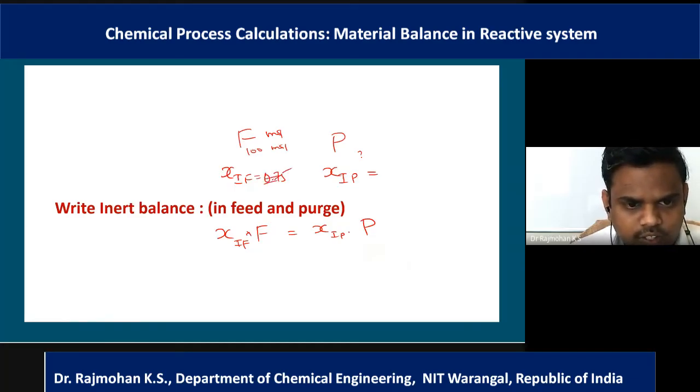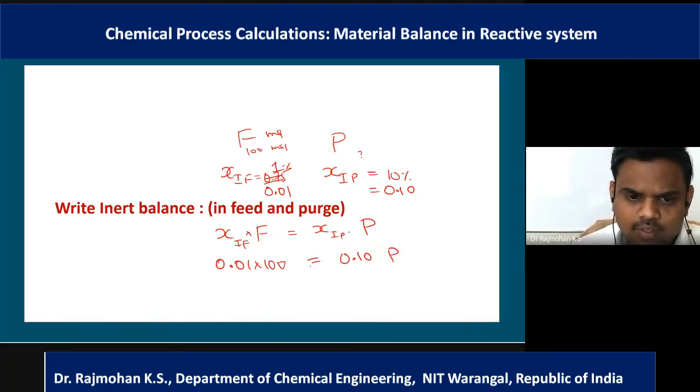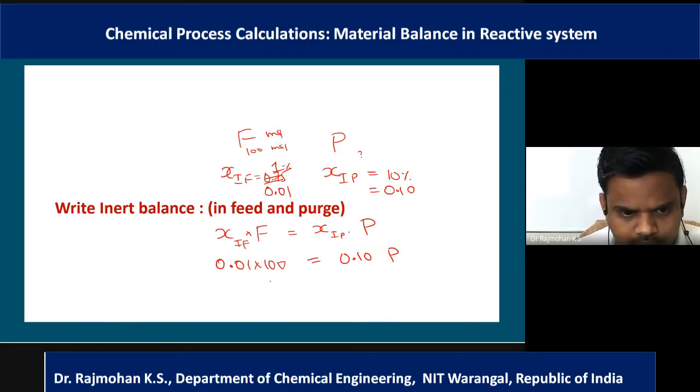The inert composition in the feed is 1 percent, 0.01, and in the purge it is 10 percent, 0.10. So we can say 0.01 into 100, which we already calculated to be 1, equal to 0.10 into P. So 1 equals 0.1 P.